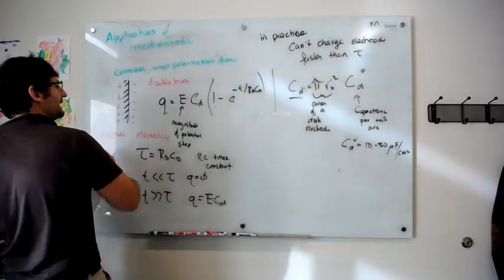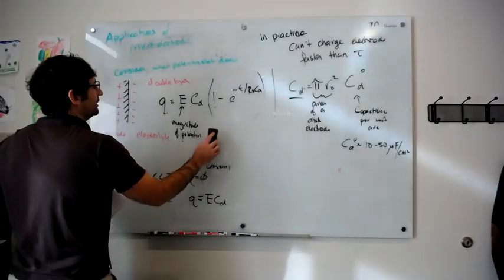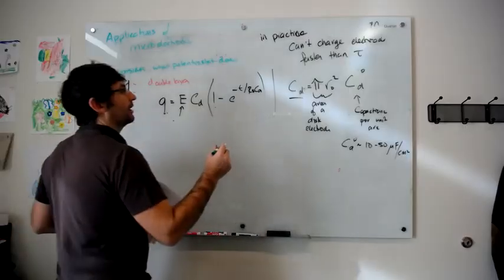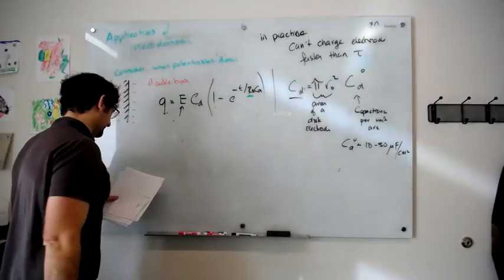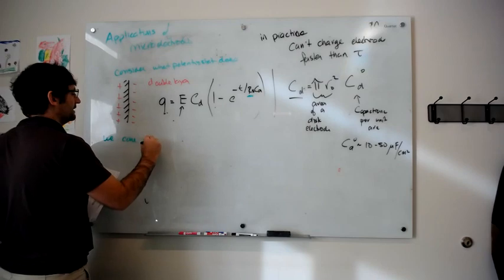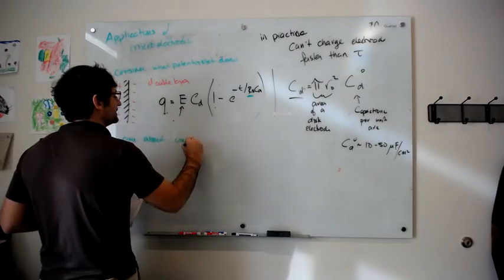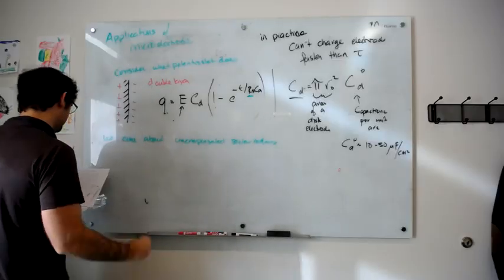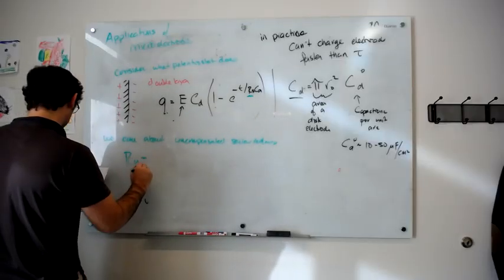And then we need to think about what is Ru, the series resistance. We care about the uncompensated series resistance, Ru.